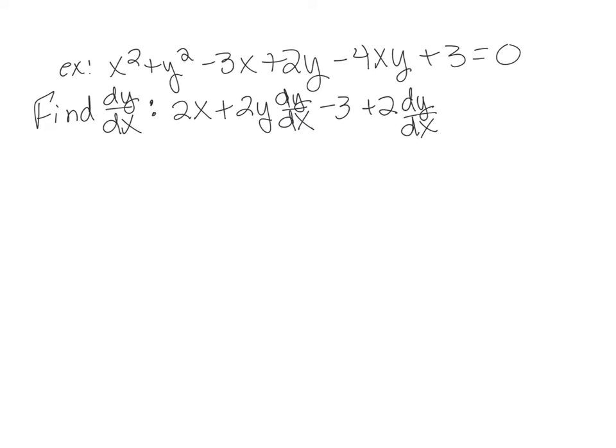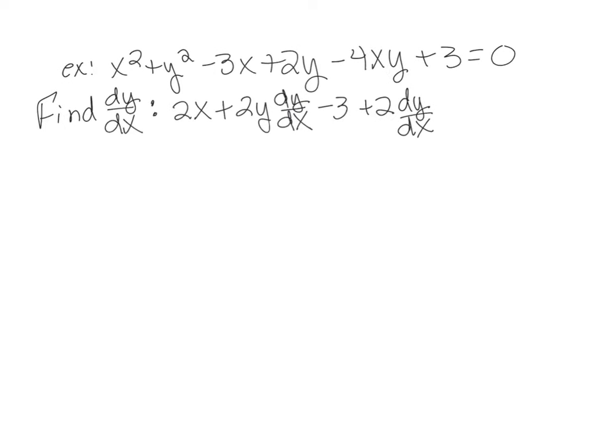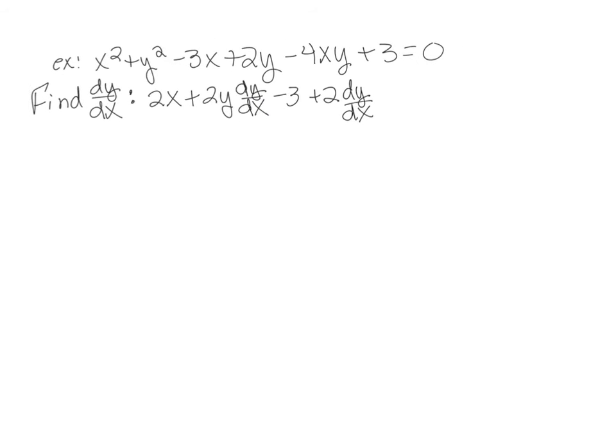Now, the next piece is going to be a product rule. You see that we have 4x times y with a minus on the outside. So I'm going to choose to keep the minus 4 on the outside and do the product rule on xy on the inside.